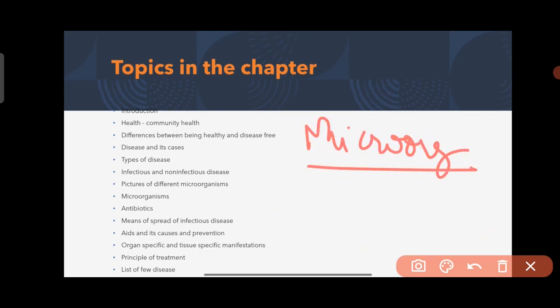We discussed microorganisms in chapter 7, I guess, Diversity in Living Organisms. We studied various bacteria. We also studied in chapter 5, the cell, prokaryotic and eukaryotic organisms.